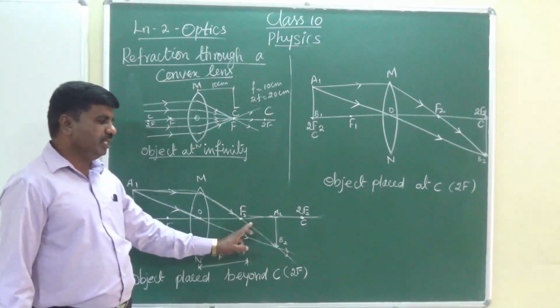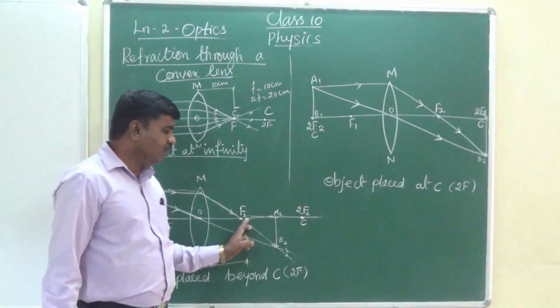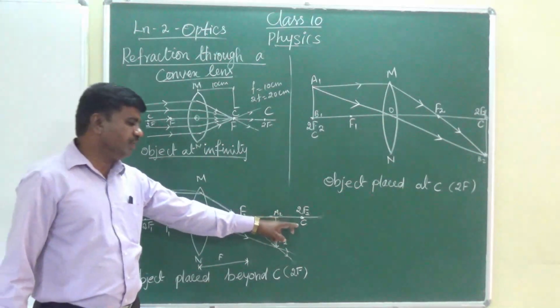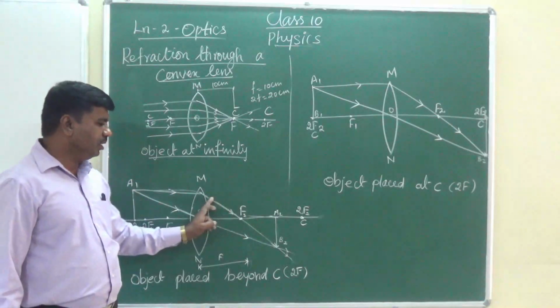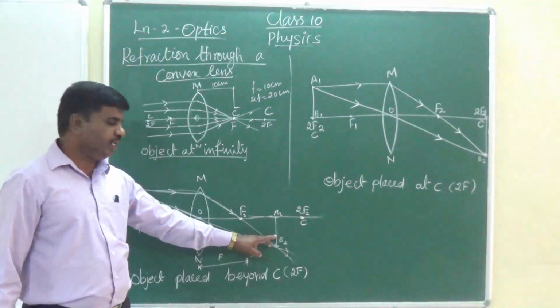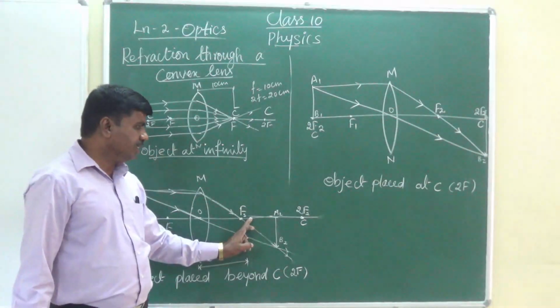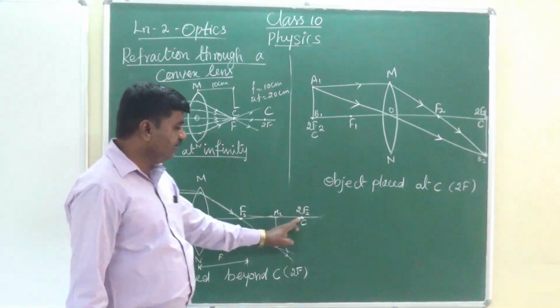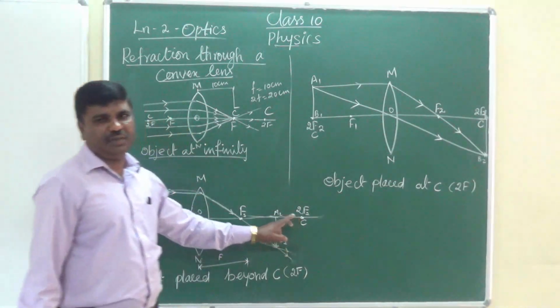Where it is meeting means in between the focal point and the 2f, the center of curvature, radius of curvature, you can say. So the two rays meet at one point in between the focal point and the center of curvature 2f.